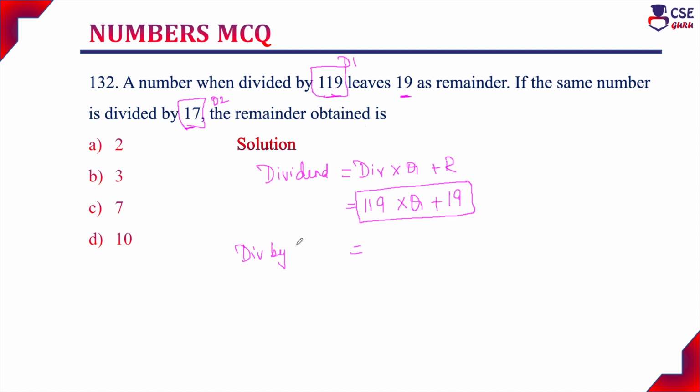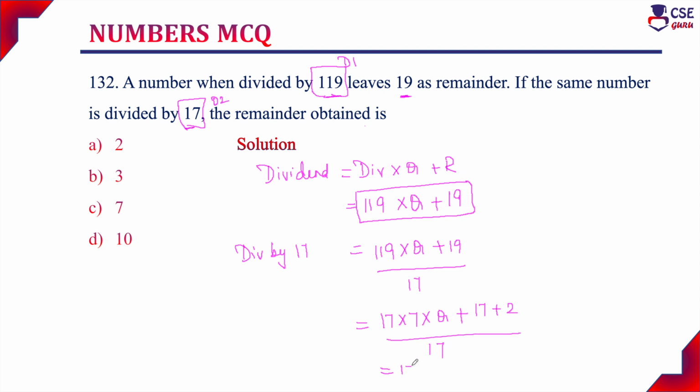So 119 into Q plus 19 divided by 17. We solve this in terms of 17. 119 is 7 times 17, into quotient, plus 19 is 17 plus 2, divided by 17.